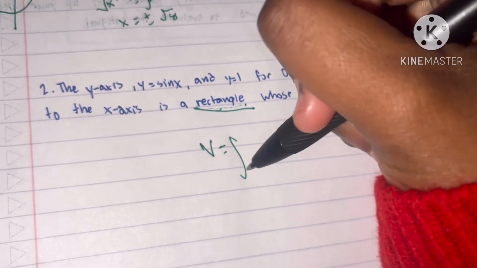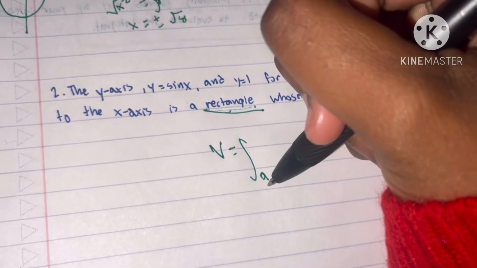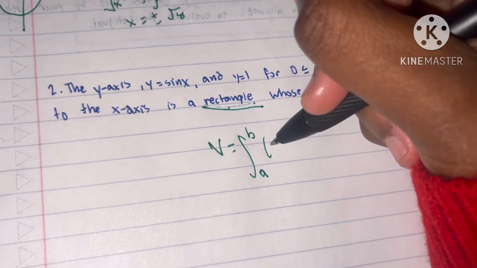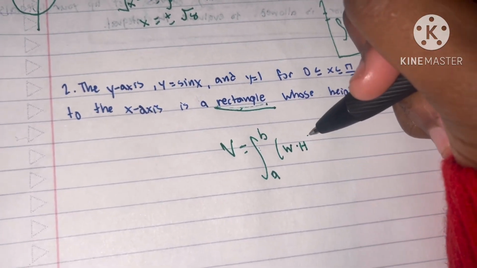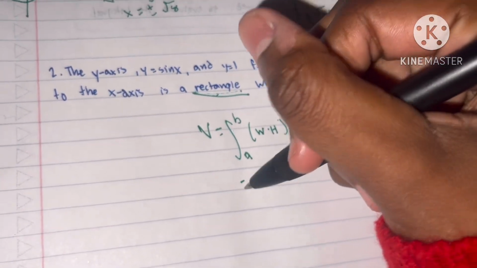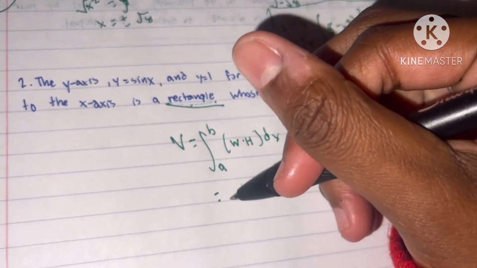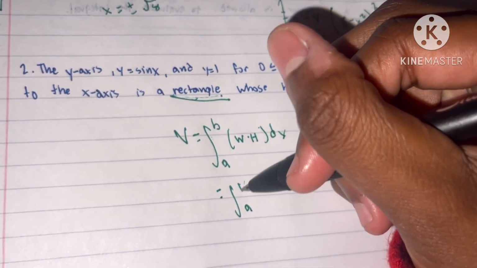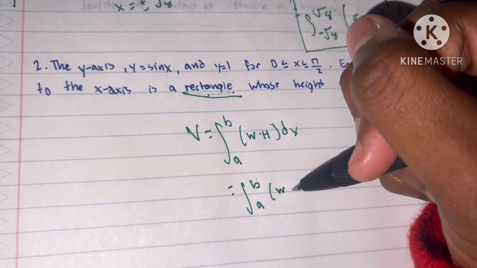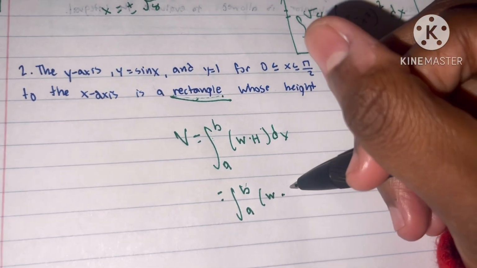So that'll be V equals the integral from a to b of width times height dx. So I automatically know the height will be 3 times the width.